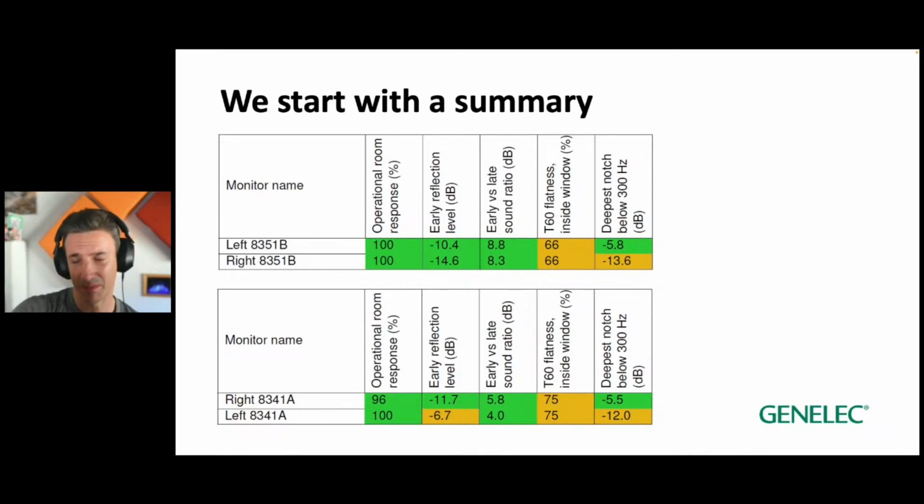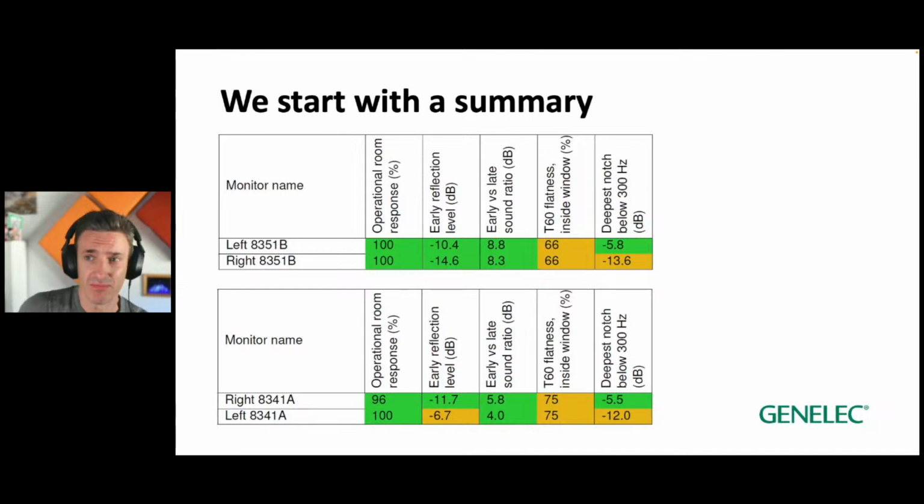For example, if it's below -10, you always get the green, because this means that early reflections are not as loud as the direct sound, and therefore they don't cause that much coloration to the sound. A very interesting topic is early versus late. I will also show this to you in detail later on, because this shows the ratio between direct sound from your speakers in relation to the diffuse sound field.